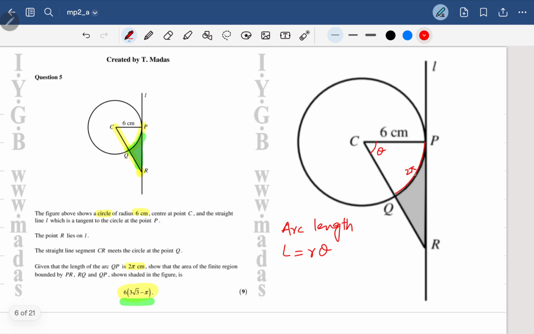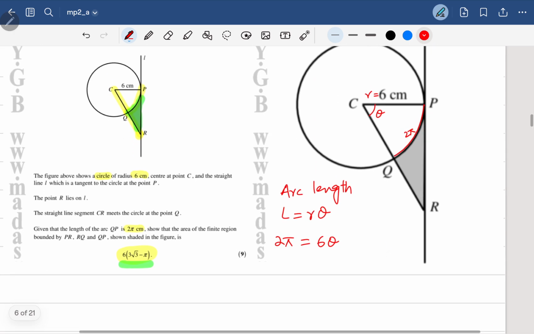So if you replace L with 2 pi, it should equal r theta, and r should be 6 because the radius of the circle is 6, so it's 6 theta. If you divide by 6 on both sides, theta should be 2 pi over 6, which is pi over 3. So our theta is pi over 3.